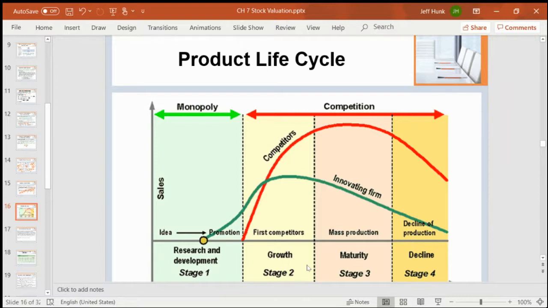Innovating firm sounds like this firm is going through innovation every day, like going through a metamorphosis every day.